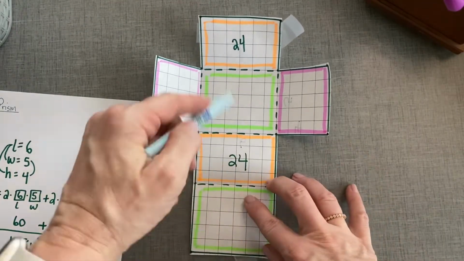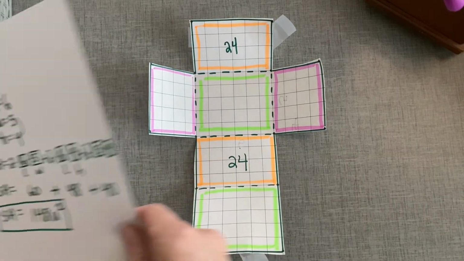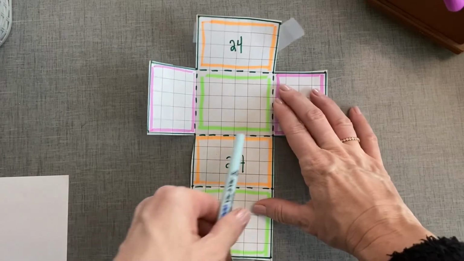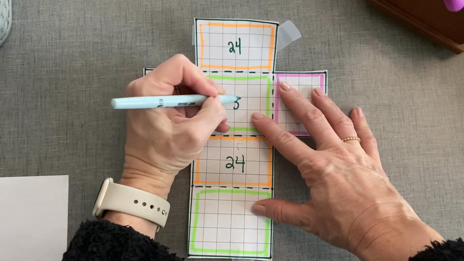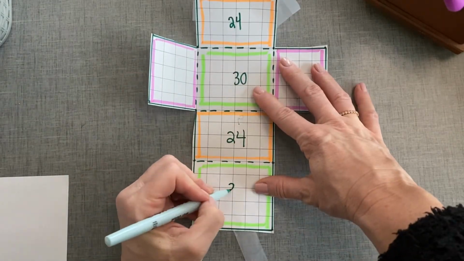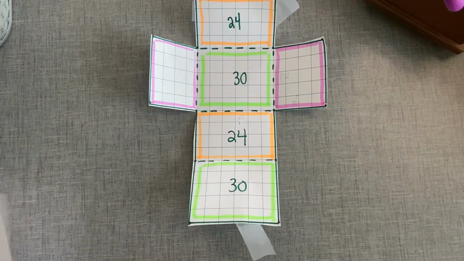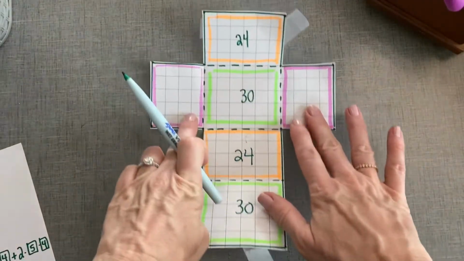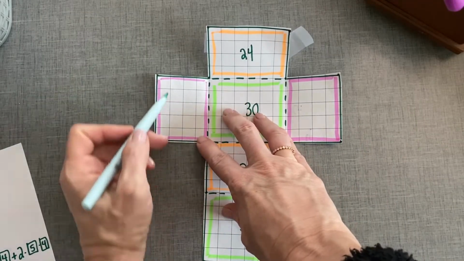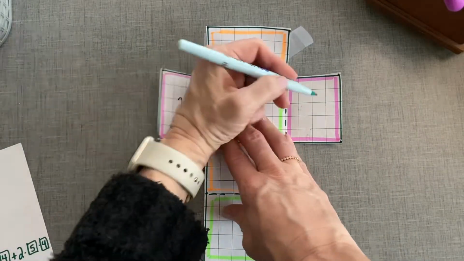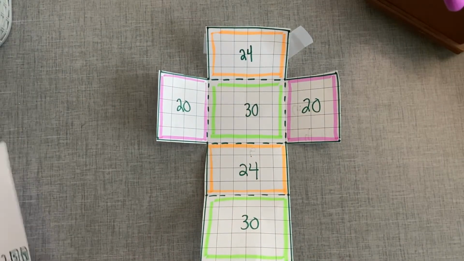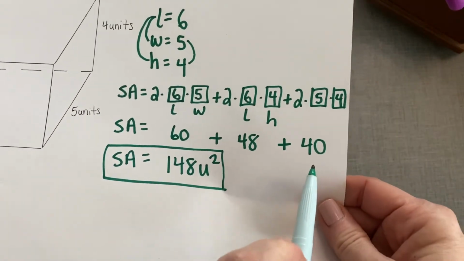And so that created the 48, which we have right here. And then the green, it was 6 by 5, which is 30 and 30, which creates the 60. And the sides then were 4 by 5, which created the 20 and the 20, which we have as 40 here.